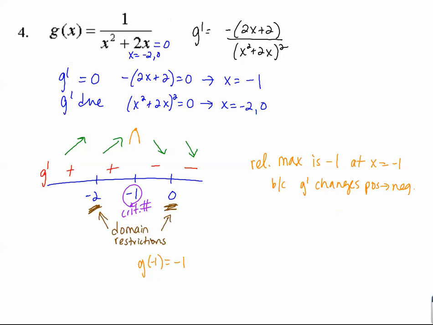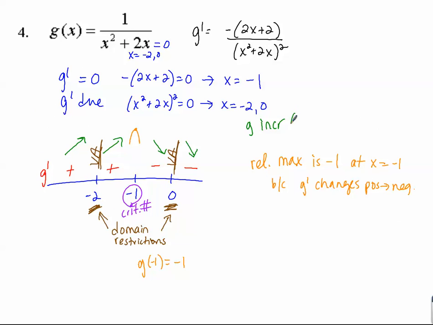However, this time, -2, not in the domain. This is a vertical asymptote here. Also, this is a vertical asymptote here. Vertical asymptote, vertical asymptote. We have to break where the vertical asymptote breaks. So we don't say g is increasing all the way through to -1.